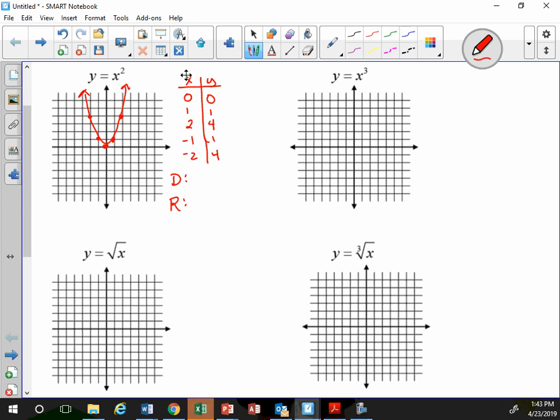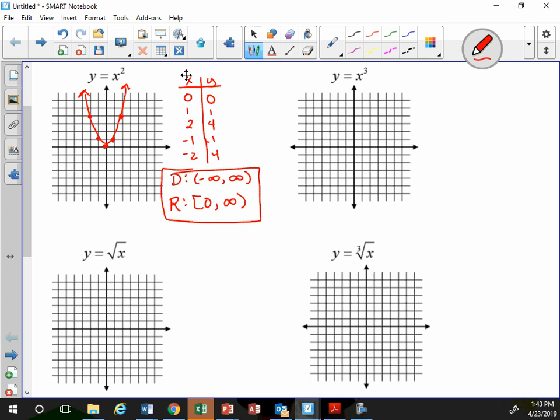What do you think the range is? All right, so we know that parent graph. Pretty easy. Okay.